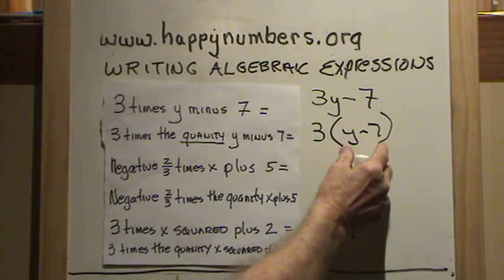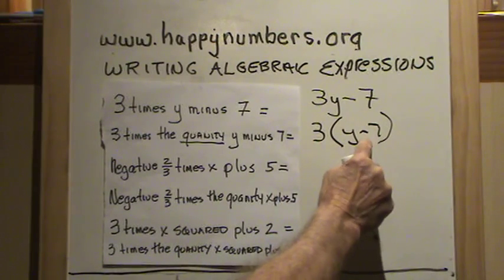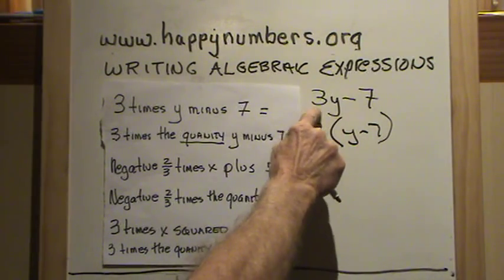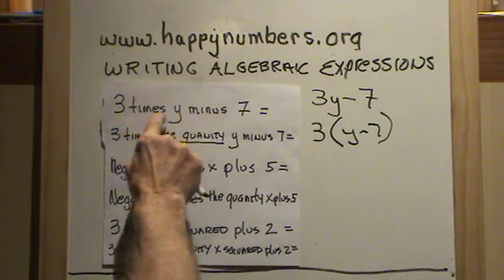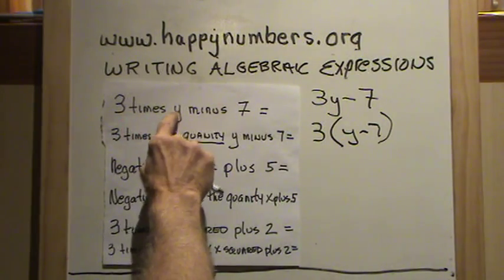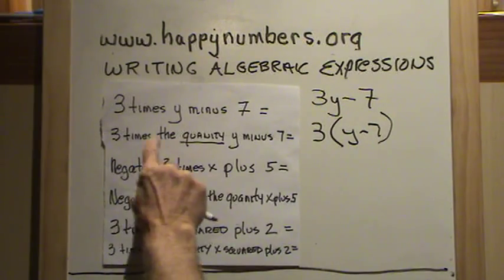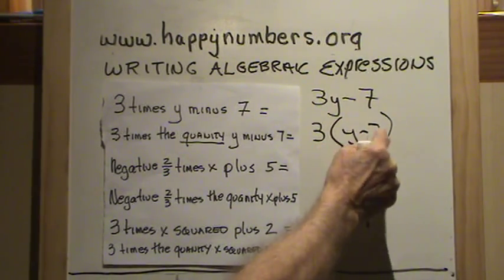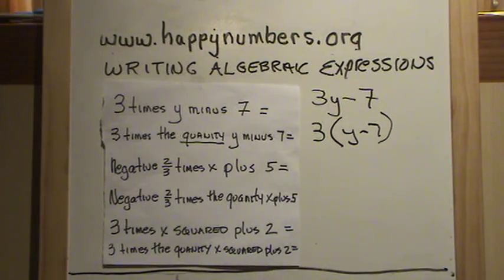This parentheses means that 3 is multiplied by everything inside. Here, 3 is only multiplied by y, 3 times y. And then we have minus 7. But here, 3 is multiplied by this whole quantity, y minus 7.